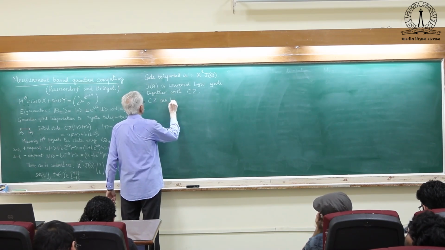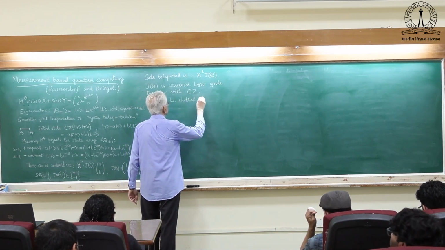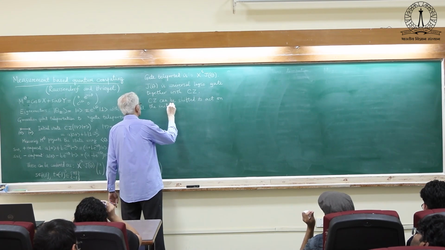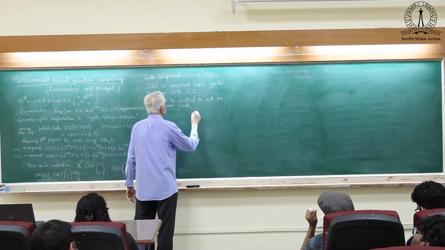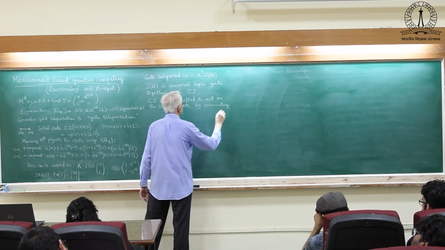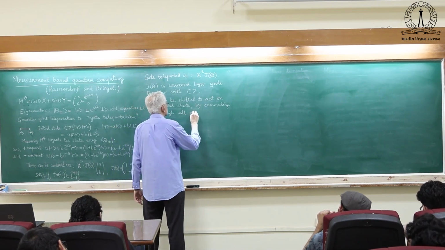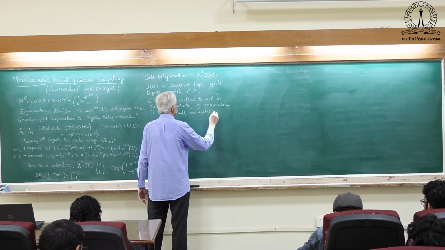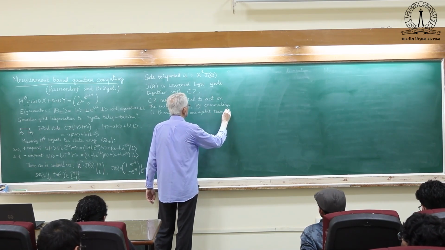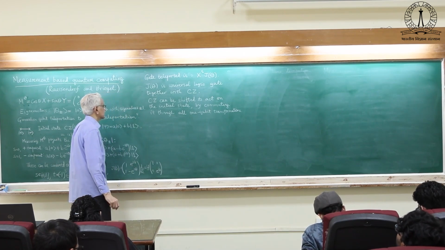So CZ can be shifted to act on the initial state, and you need only two transformations.